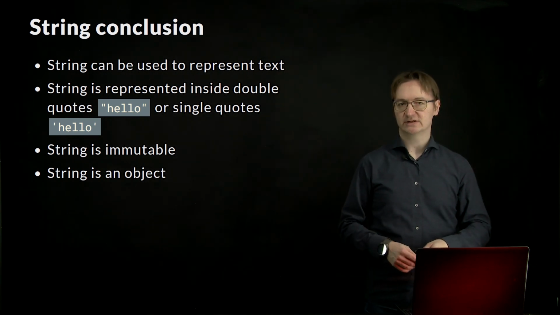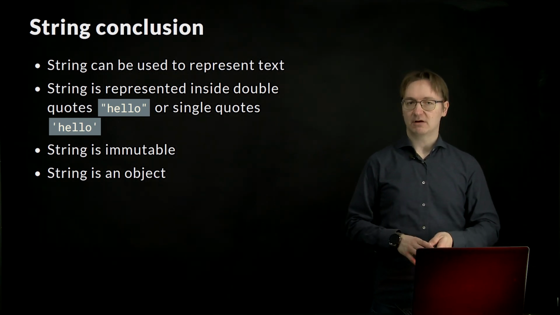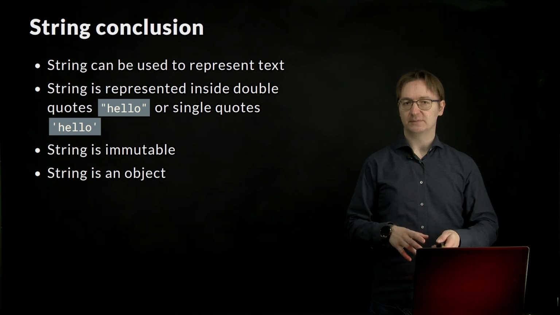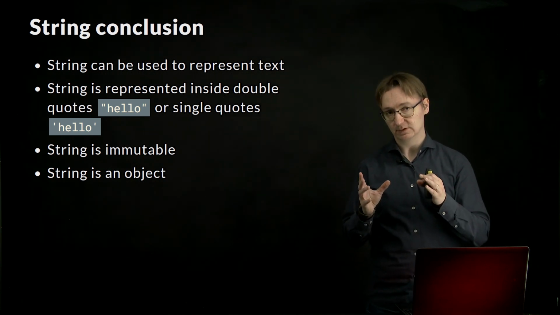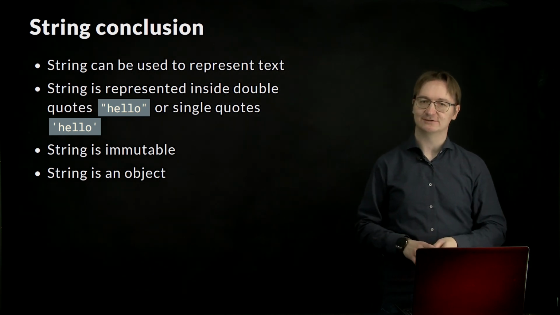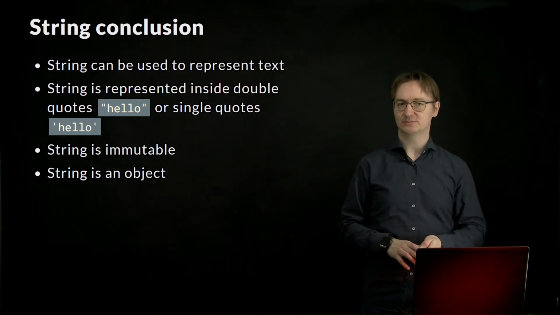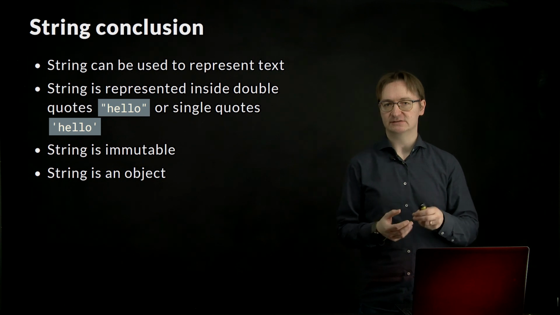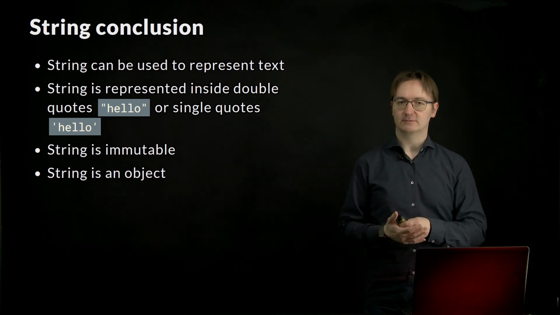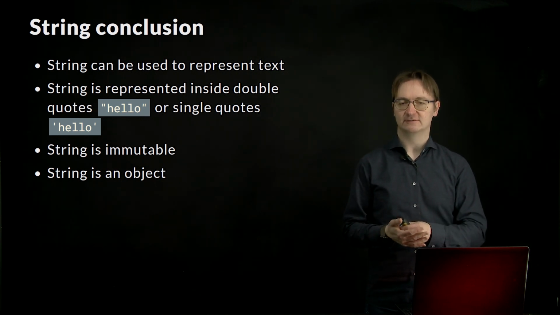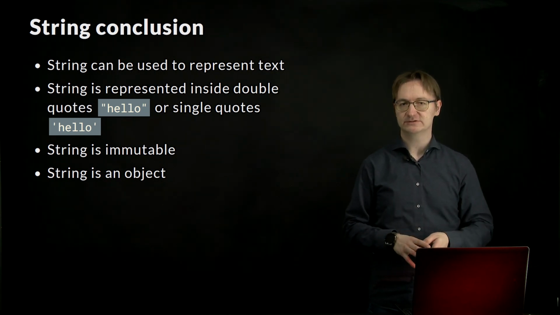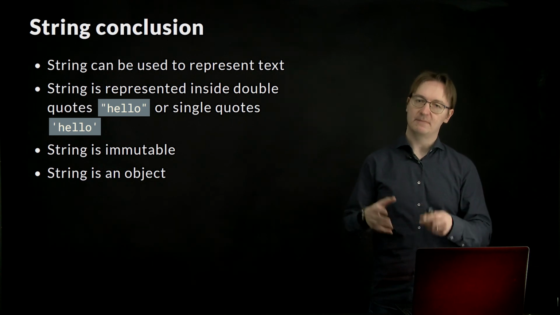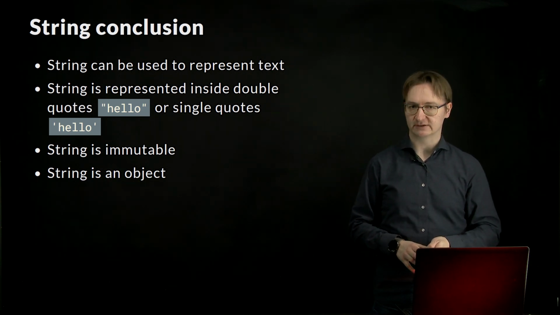A string is an object, so we will cover the object topic later on. But basically, it would be nice for you to know that the string itself is an object, and everything we write after the variable dot, whatever function or method we are using, those are actually methods of this string object.